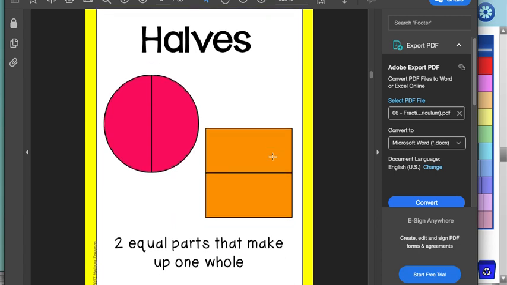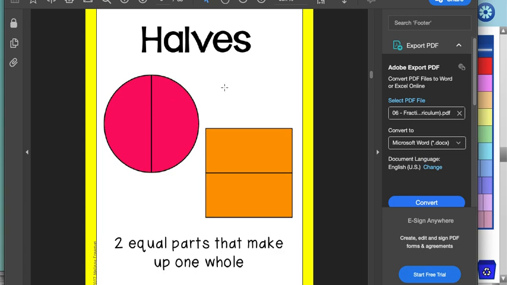One example is a set of halves. And halves means you have separated or divided one whole into 2 equal parts. You can see it represented in this circle here, and you can see it represented in this square here. As you can see, this side of the circle and this side of the circle are exactly equal.